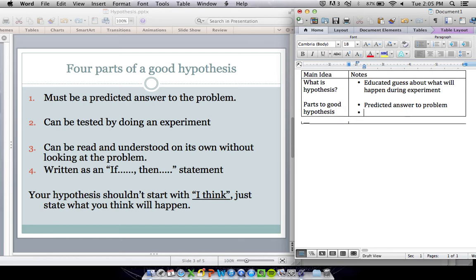The next thing your hypothesis has to have: it can be tested by doing an experiment. If I said chocolate chip cookies are more delicious than cinnamon oatmeal raisin cookies, that isn't something you can test by doing an experiment.